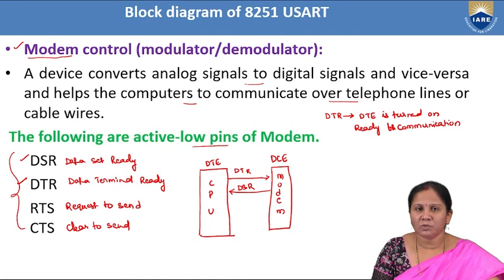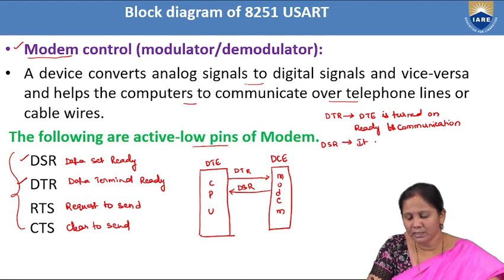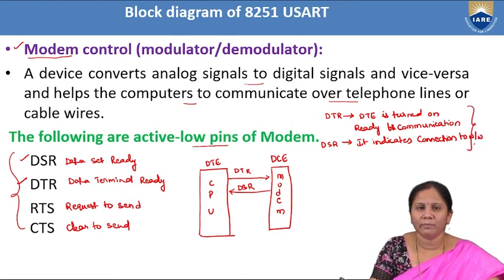When the modem receives that, it sends the DSR. The purpose of the DSR signal is that it indicates connection to the network. When these two signals are done, the two are connected and next they can communicate with each other.